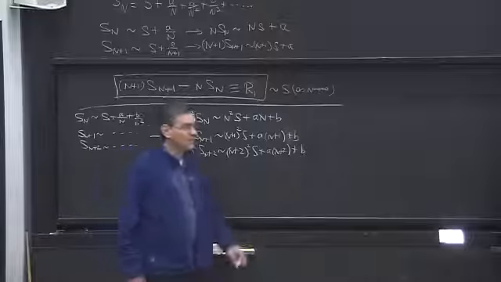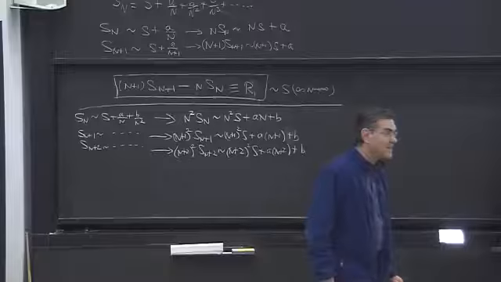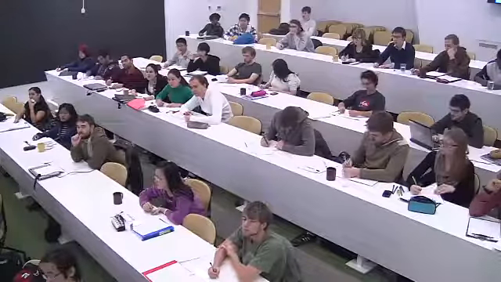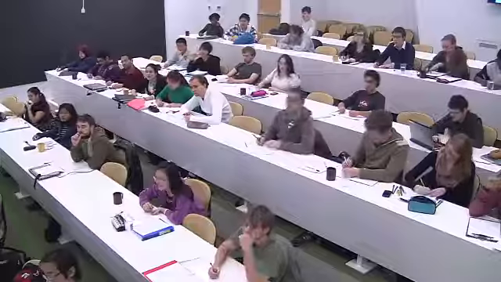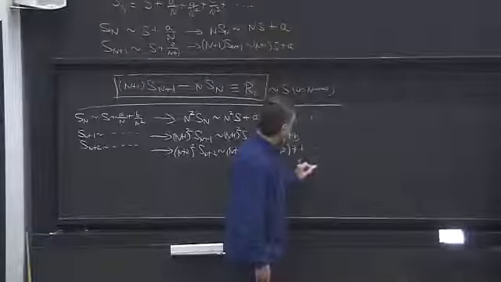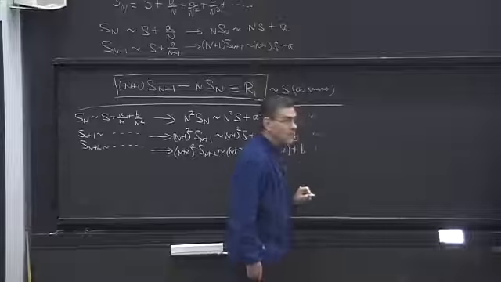What do you recommend? I see you're nodding your head yes. What do you recommend? Very good. So what you're saying is multiply this one by 1, multiply this one by 1, but multiply this one by minus 2 and add them up.